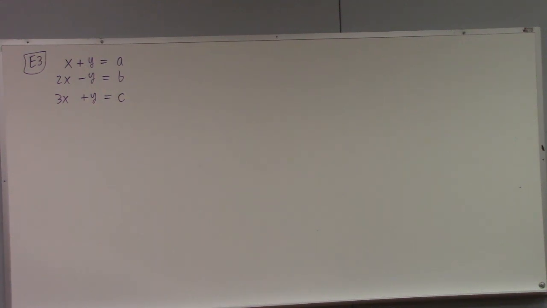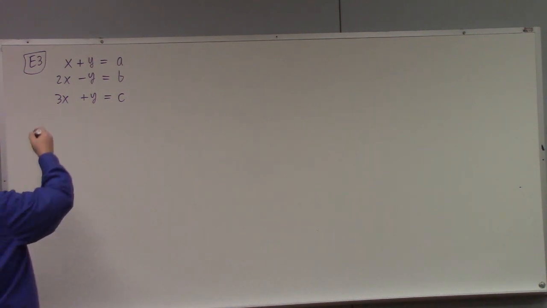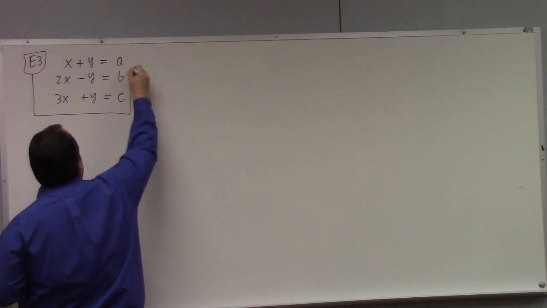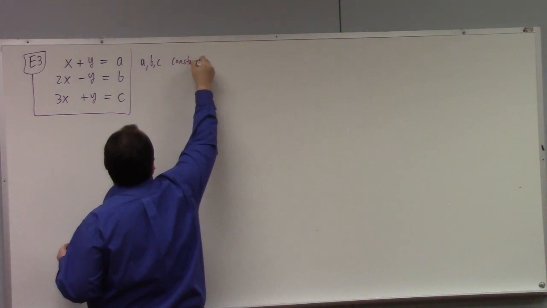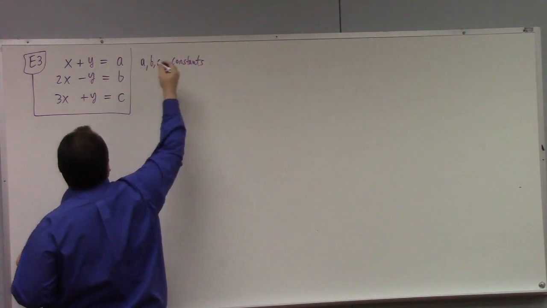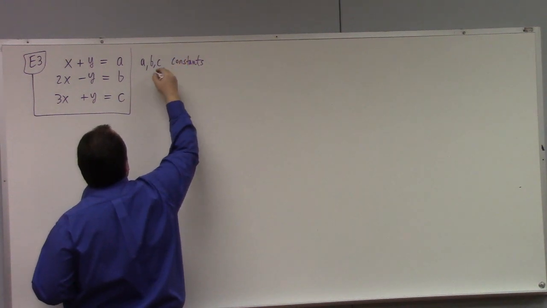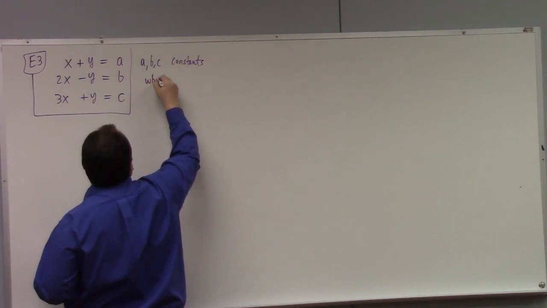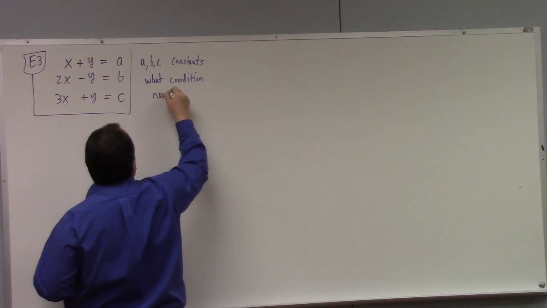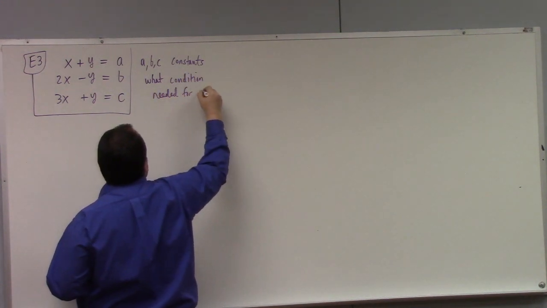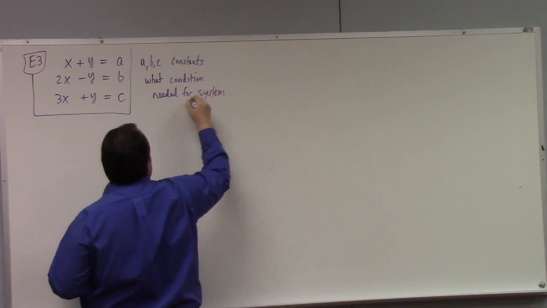My question is this: what condition do we need to put on a, b, and c in order that this system be consistent? What does it take for this system? They're constants, yeah. So here, a, b, c are constants with respect to x, y. What condition is needed for the system to be consistent?